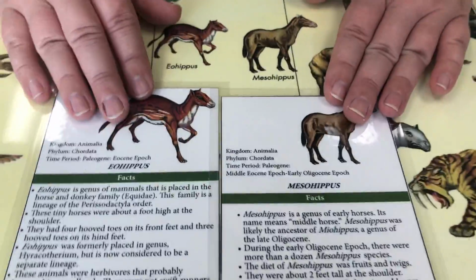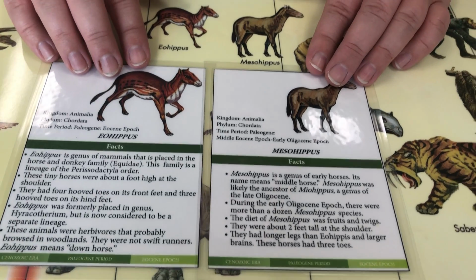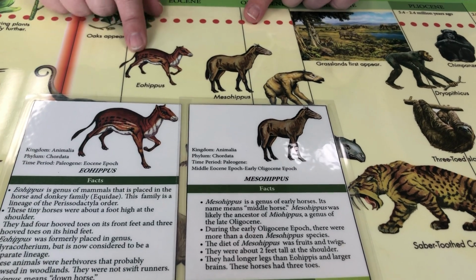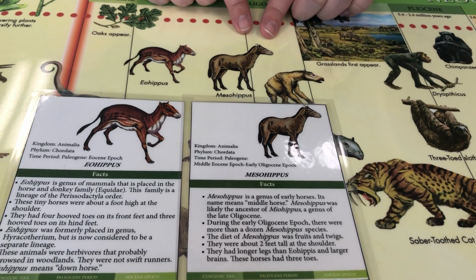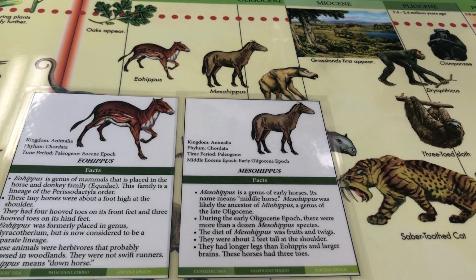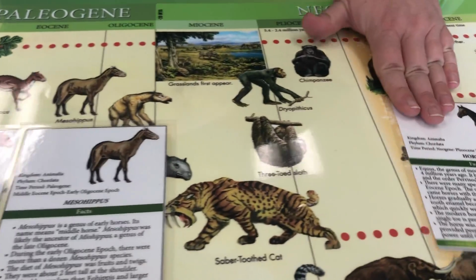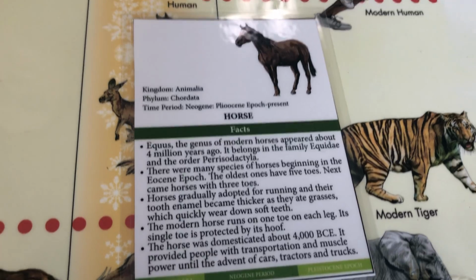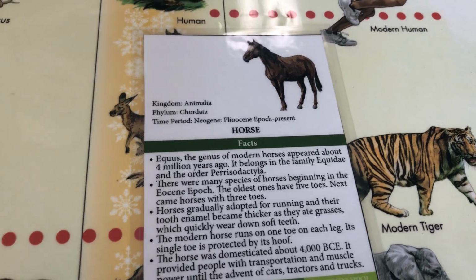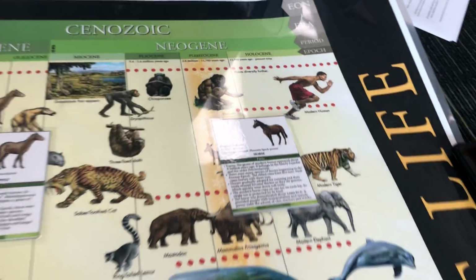I'll put them down here so that you can see where they fall on the timeline, because actually they're pretty close to where they would be. But you can see the Mesohippus is a bit bigger. And then that eventually evolved into the modern horse over here. So the mammals just kind of got bigger as they filled that void.